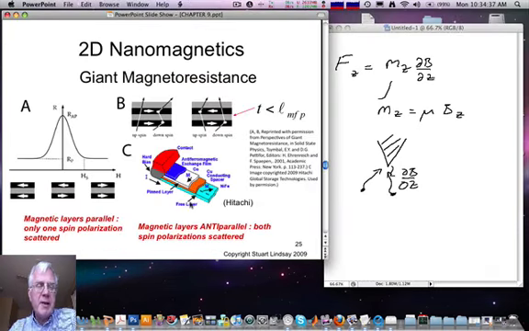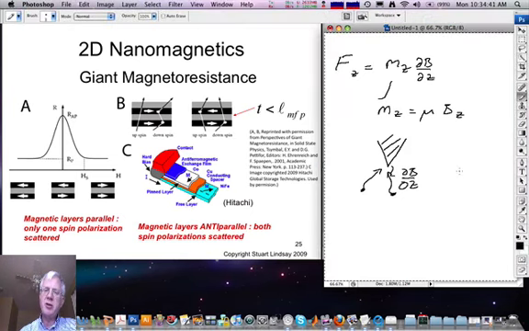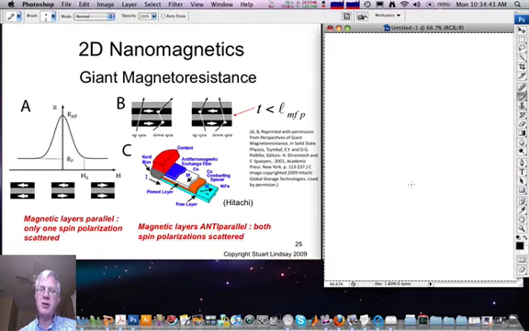A beautiful example of a nanostructured magnetic device is the giant magnetoresistance reading head that all of you almost certainly have in the hard drives of your computers.